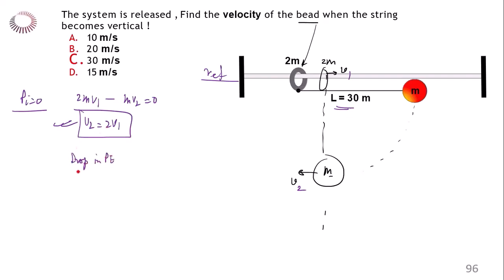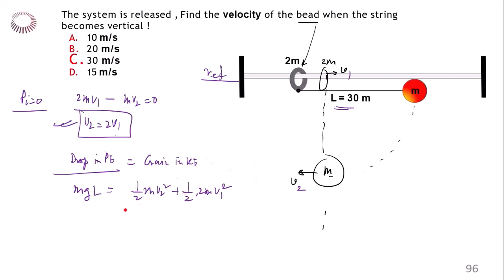What is the drop in potential? That is mgl. That should be equal to gain in kinetic energy. So one mass m is moving with velocity v2 square, another mass 2m is moving with velocity v1 square, and you are asked to calculate the velocity of the bead, that is v1.